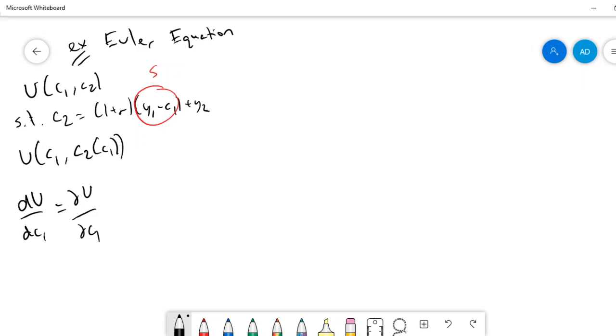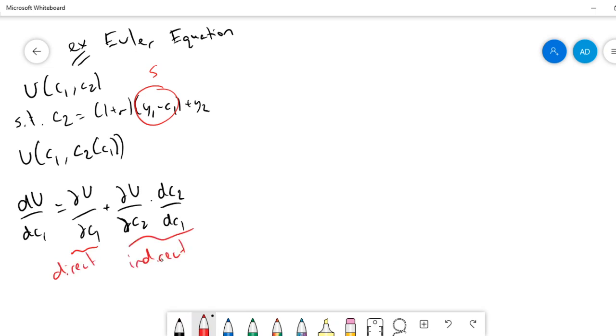When I buy more C1, I get the value of consuming that C1. Extra C1 today increases my utility, but then I have to think about the effect on C2, and how that's influenced through the budget constraint. I have this direct effect, and then I have this indirect effect, where when I get this extra C1, I have to think about how much C2 I'm giving up, and then how much that C2 hurts.